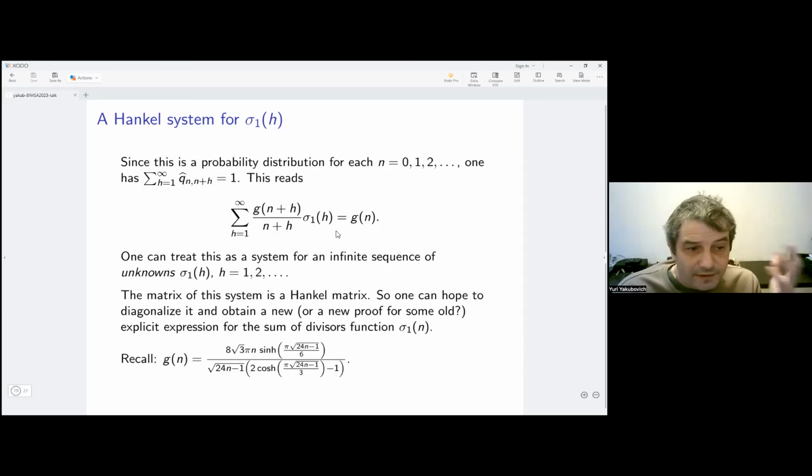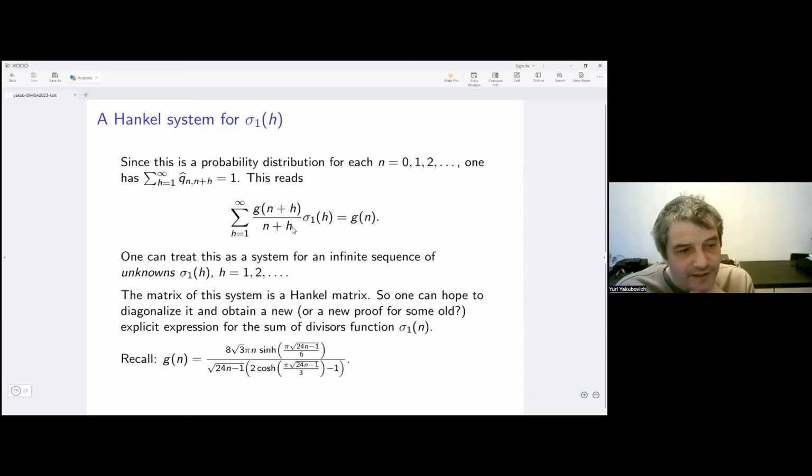It is a series of equalities, but actually we can view it in a different way. We can treat these divisor functions as unknowns, and then we will have an infinite system with an infinite number of unknowns, and the matrix of the system is a Hankel matrix, so it's constant on anti-diagonals.